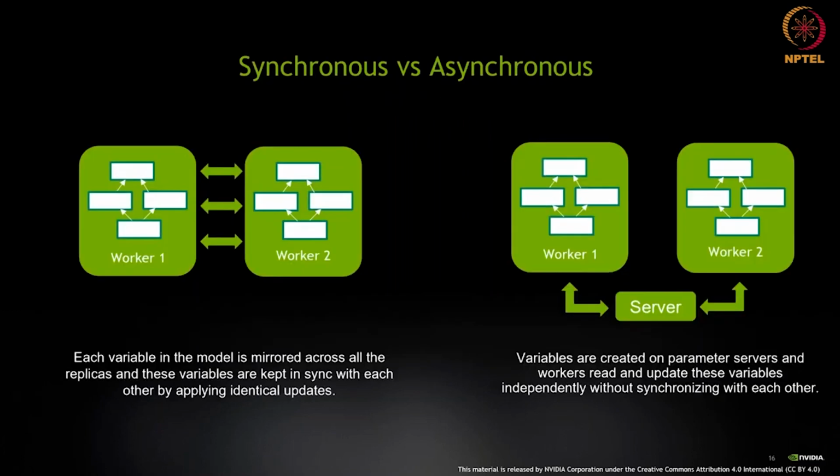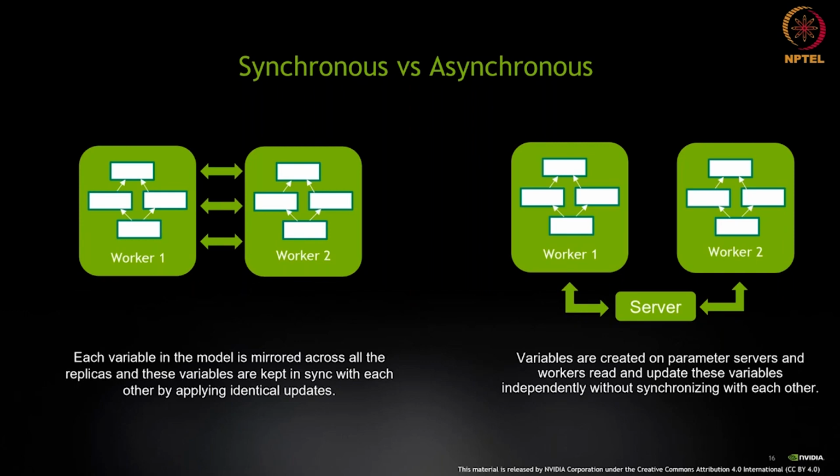So I was also referring to you in terms of synchronous and asynchronous communication. We will be focusing primarily on the data parallel approach in the couple of lectures that we are doing. But within that also you have two types, synchronous and asynchronous.